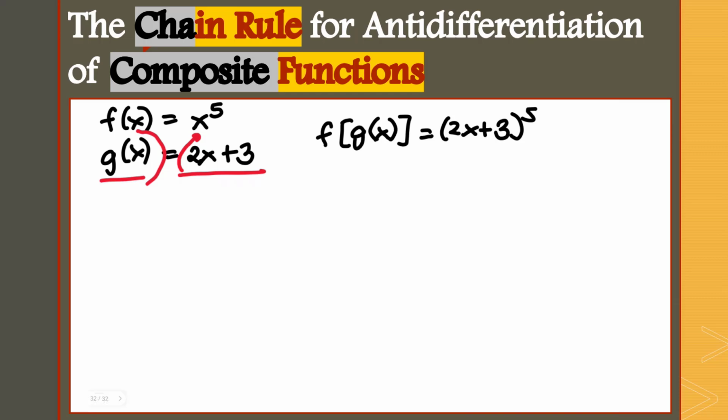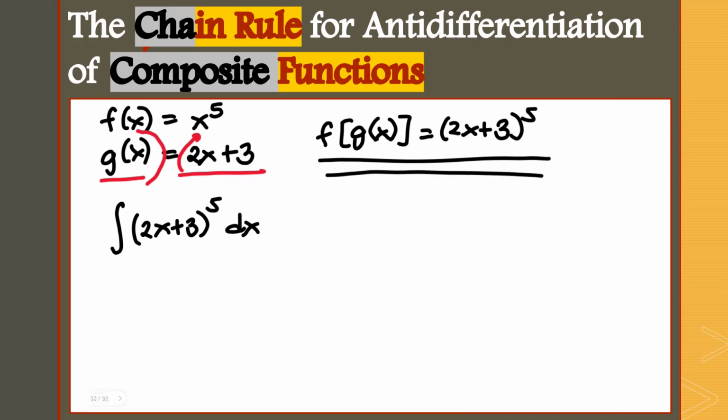And if you are tasked to identify the integral or the antiderivative of that function with respect to x, you cannot automatically use the previously discussed rules because there is something that we need to integrate here in order for us to identify the antiderivative of this entire function, which is again a composite function.